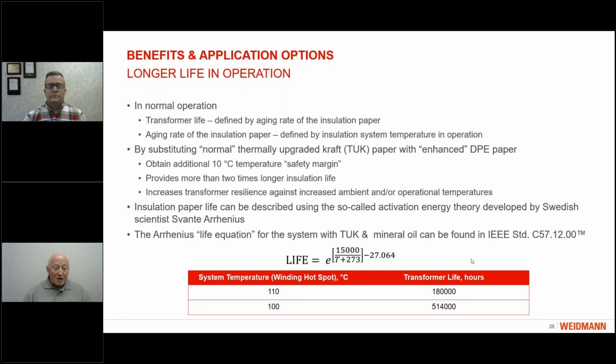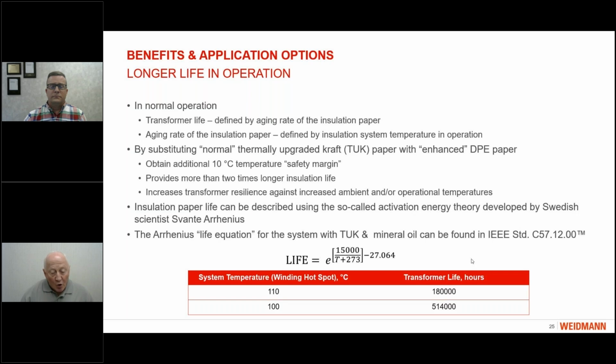And aging rate of insulation paper is defined by temperature of the insulation system. So when we create a system that has 10 degrees additional safety margin in terms of thermal capability, then we theoretically can extend the life of the transformer more than twice.